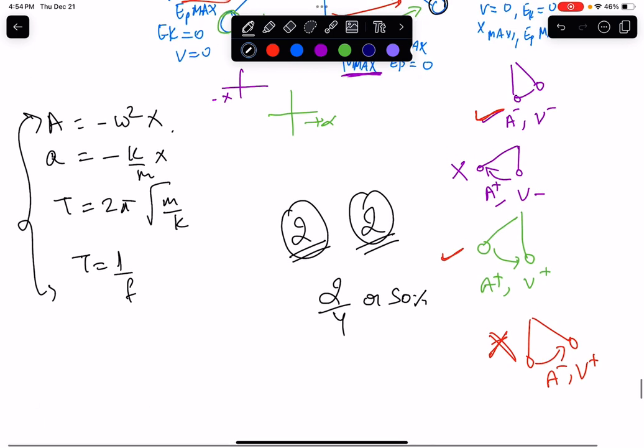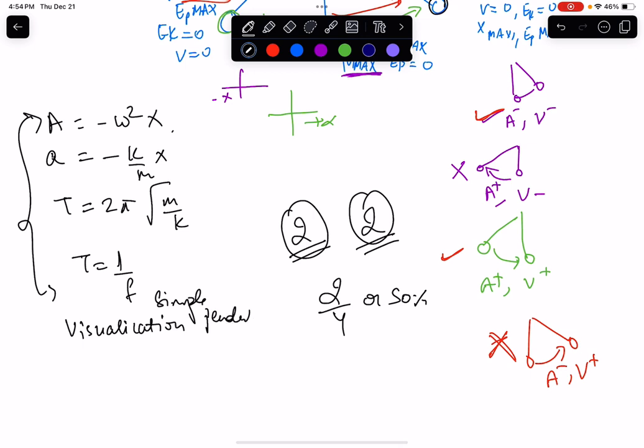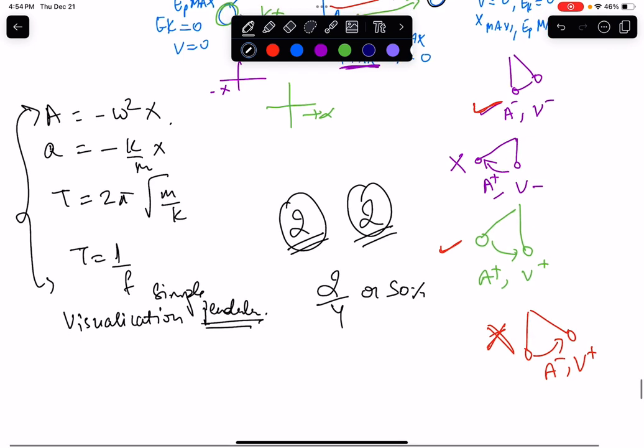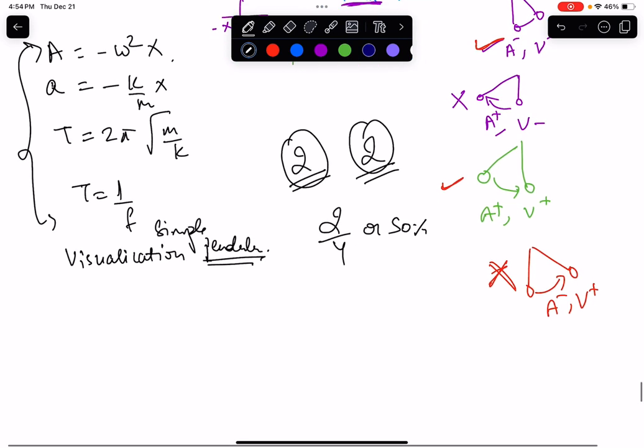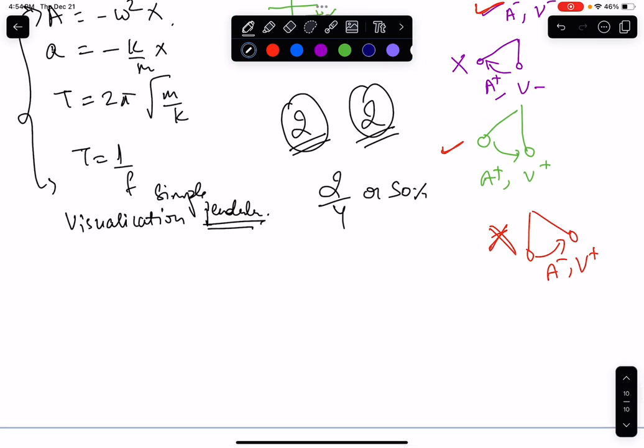And the main thing is visualization. So you must be very good at visualizing the simple pendulum, right? And you need to know a simple pendulum is not a perfect example of simple harmonic motion. It's an approximation, but it's good for visualization purposes. And so you must be able to know that. And then after this, you just need to be able to know a unit circle, right?